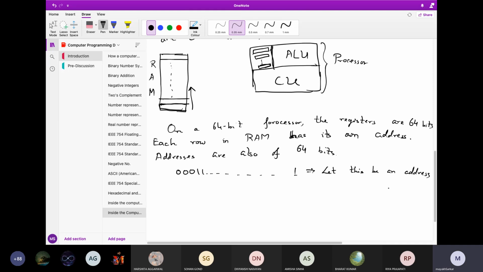So there is a shorthand. Can you tell me, if you represent this using hexadecimal, how many digits you will have to write? Anyone? Sir, 16. Yes, only 16.